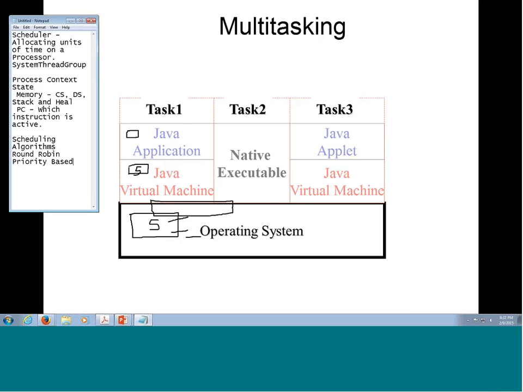So priority based is every thread or a process has a priority attached to it. And when a thread is scheduled, under priority based, the highest priority thread gets the attention, and the lowest priority thread in a busy environment will starve.